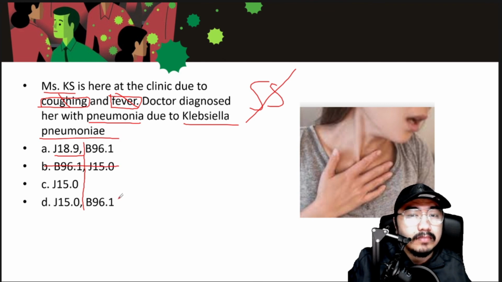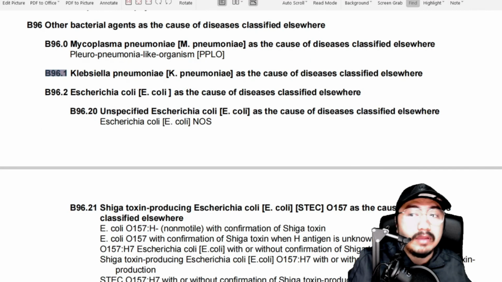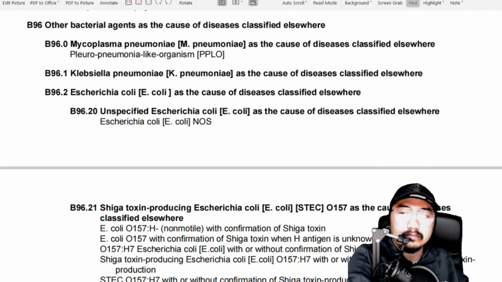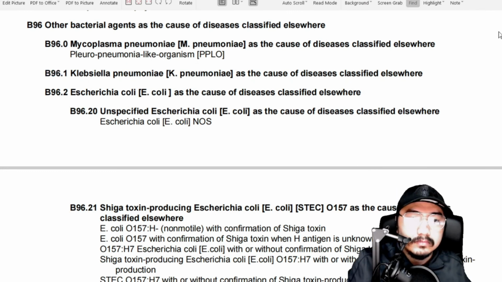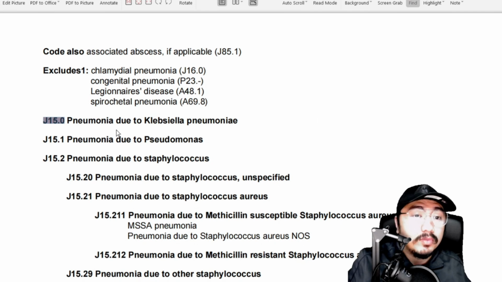Alright. J15.0 on the other hand, it's pneumonia due to Klebsiella pneumoniae. So it's already here as a combination code. So you don't have to code it separately. Okay.